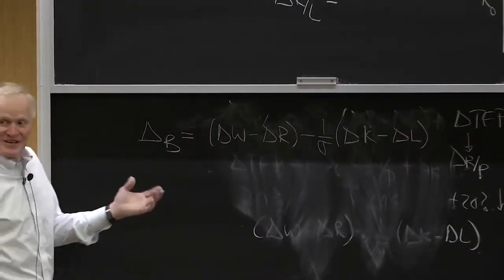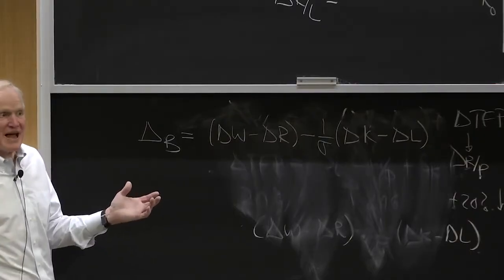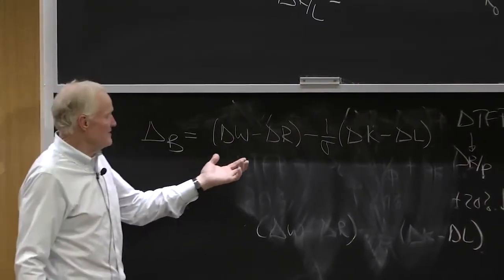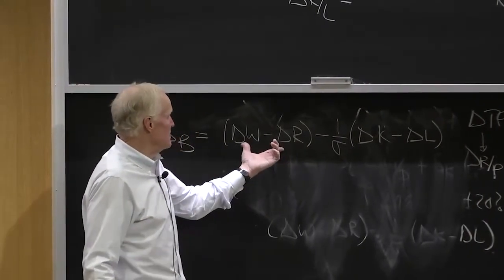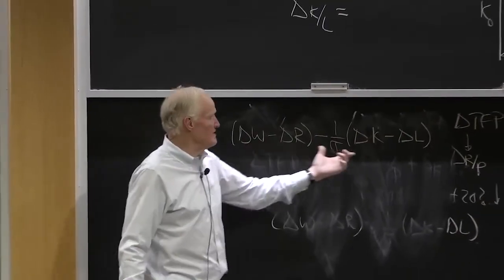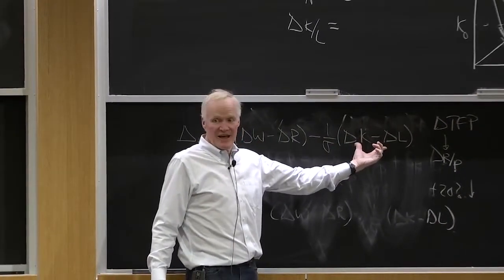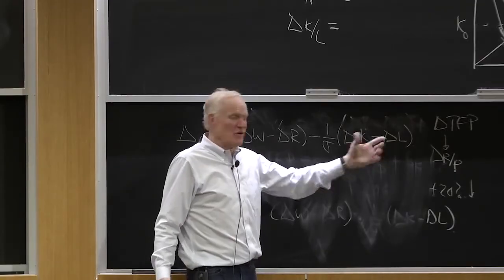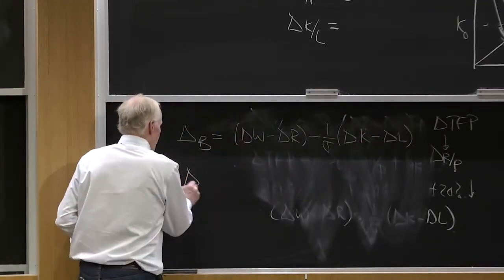That is, it's a residual again, right? We're measuring it now as a residual. This is the change in W over R, and this is what we predict based on K over L changing.